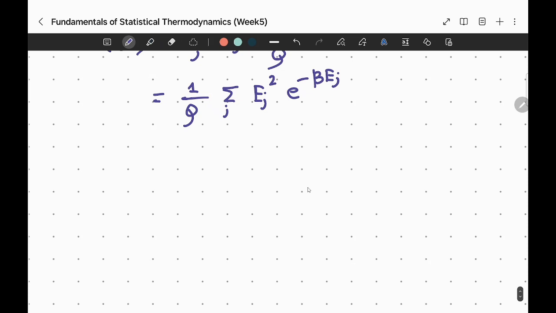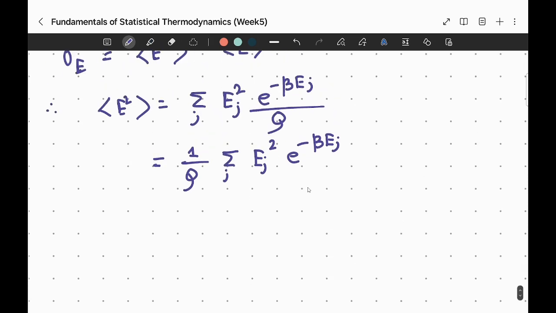Now let's say you are defining a term, gamma, as the sum of EJ e to the power minus beta EJ.